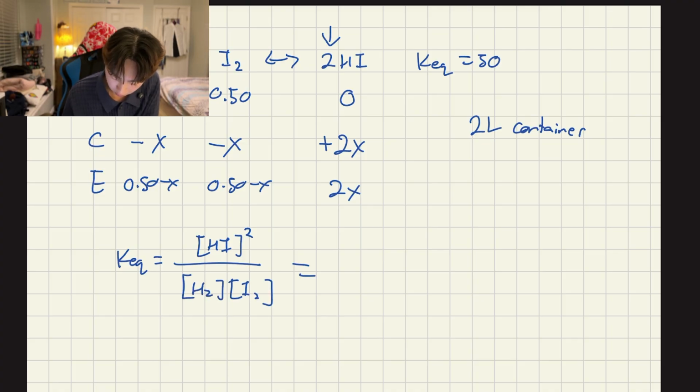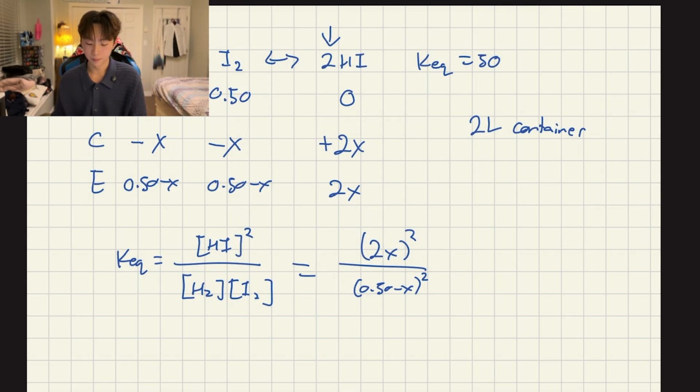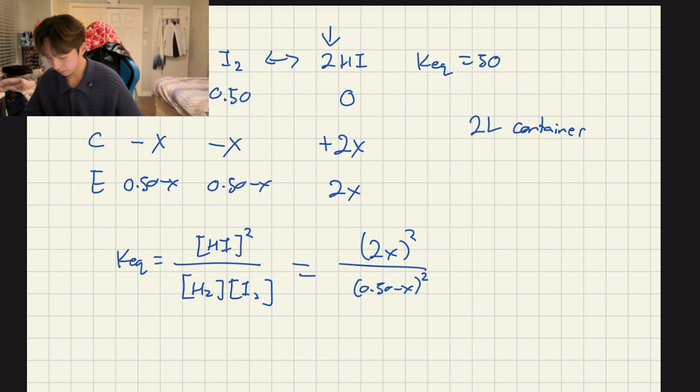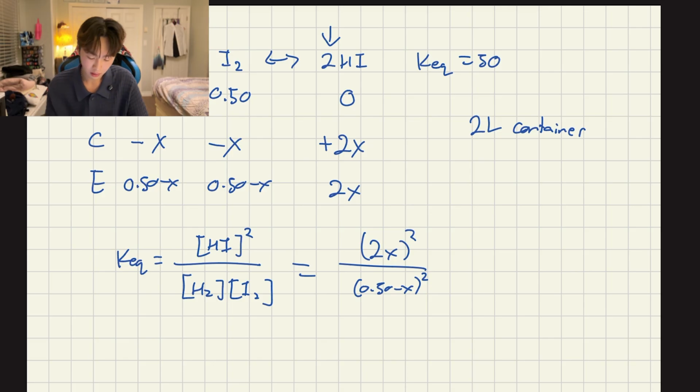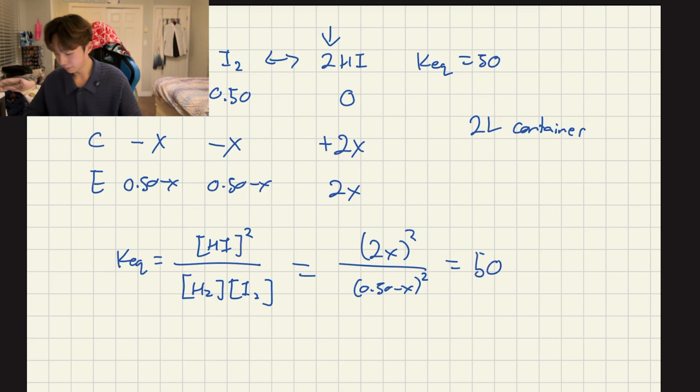And this is equal to 2x squared over 0.50 minus x. And since they're the same, I could square that too. And it tells us that KEQ is 50, so it's equal to 50.